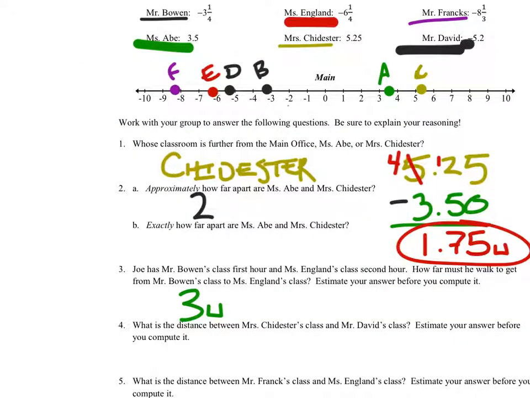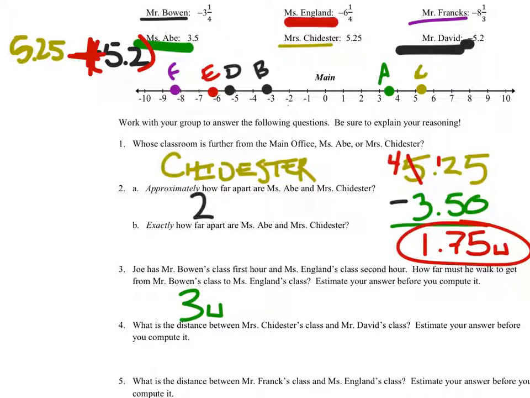What is the distance between, let's look, we got Chitster, who is at 5.25, and Mr. Dabids, who is at, where is old David, negative 5.2, right here, right? So how do we find the distance between these two? Bam, subtract. We're going to subtract that negative 5.2, which means we're going to change this to big fat addition sign.